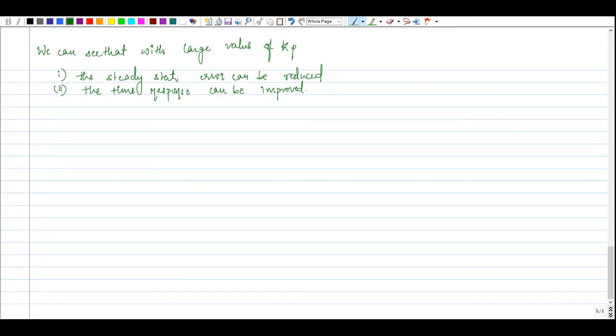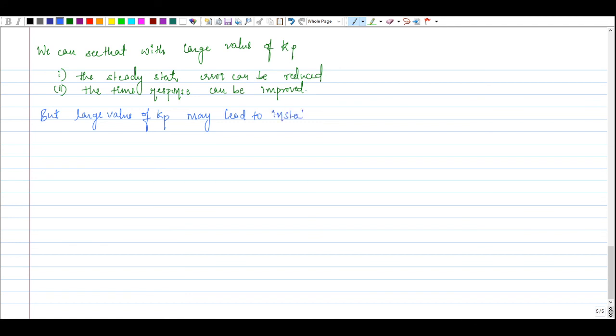So the disadvantage or the limitation of this proportional controller is that a large value of Kp may lead to instability.